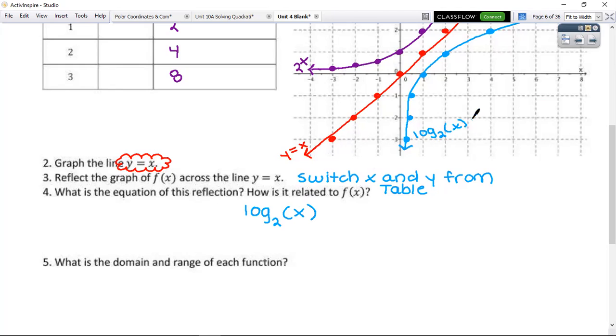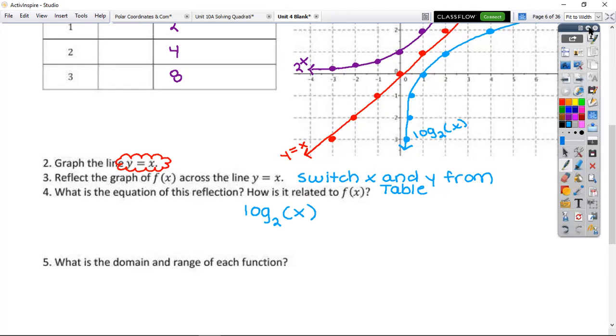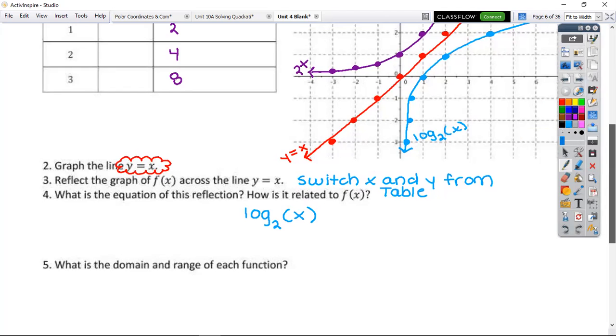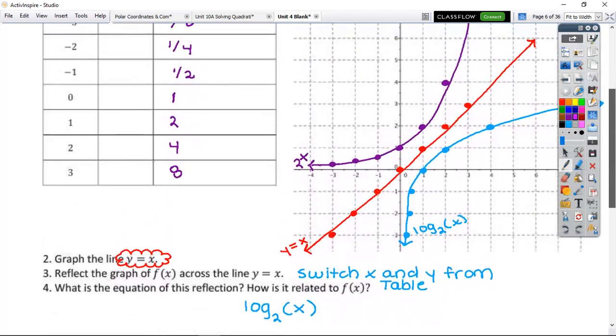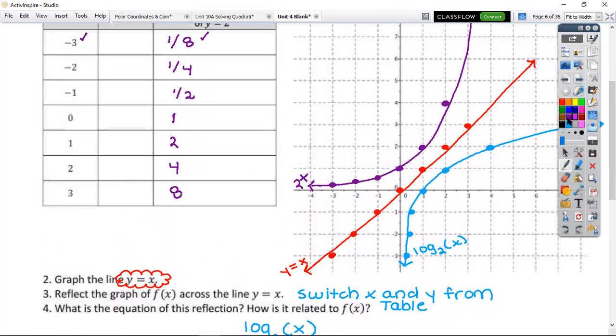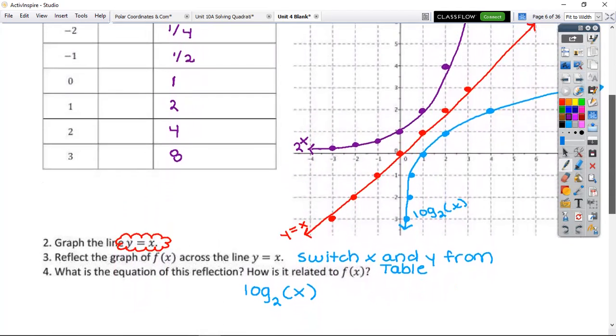All right, now some questions and some connections to help you draw. So number 5 says, what's the domain and the range for each function? So I'm going to start with my purple one first, which is my exponential. All right, domain and range. So for my first graph here, my domain, it extends forever. There's arrows on it. How do we say a domain that goes on forever?